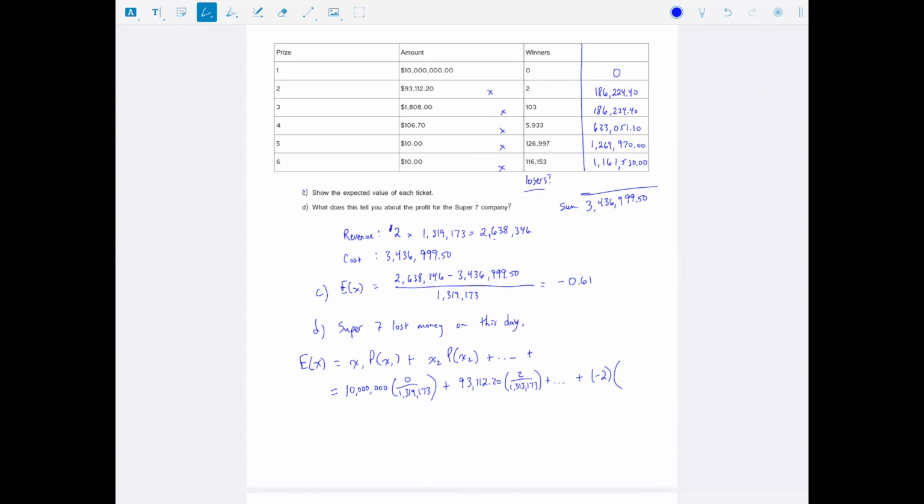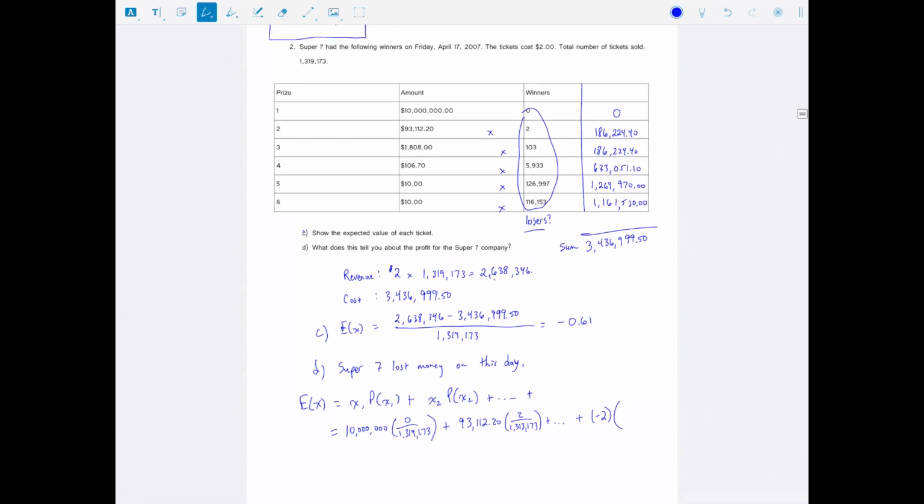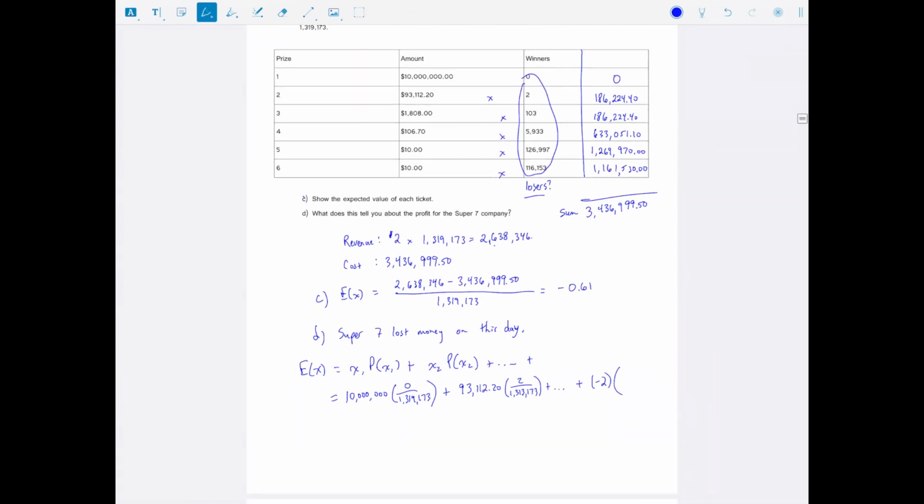Well, all you need to do is add these up and subtract the number of tickets they sold, and you'll find the massive amounts of losers who play these games and lose on a regular basis. And so that's how you would use that other formula. So we have to figure out how many losers there are out of the 1,319,173. See that I have a wrong number right here.